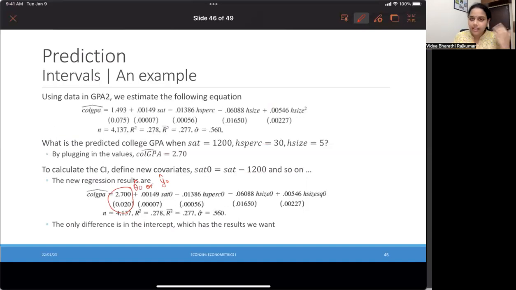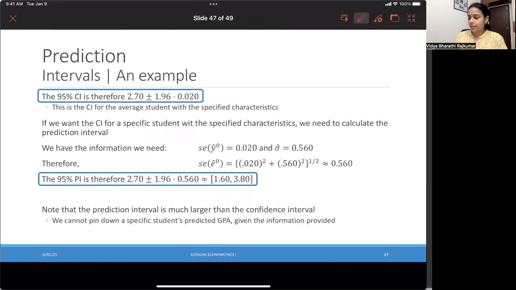And the standard error there gives you its standard error. And then the standard error of the regression, sigma hat, is given to you. Now, for a particular Y0 value, this is the information that we need to compute this particular expression. You plug in the numbers, and voila, you have your prediction interval. And as I said, this is a much larger interval.